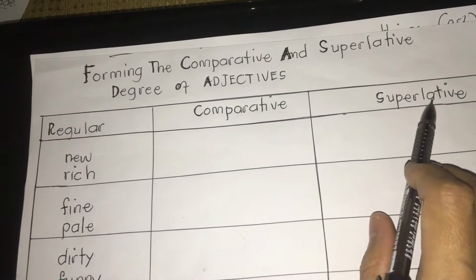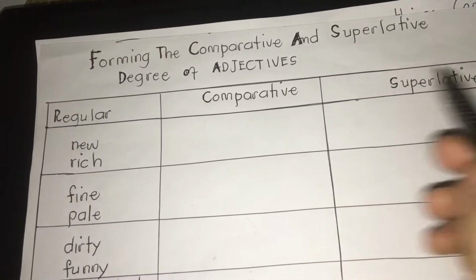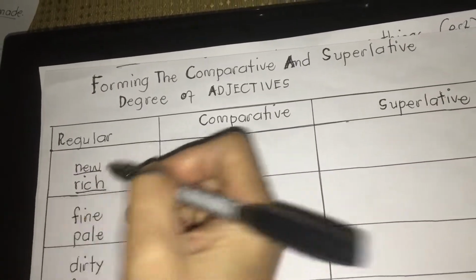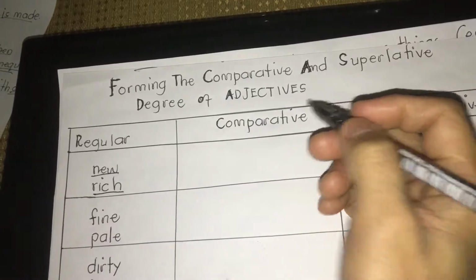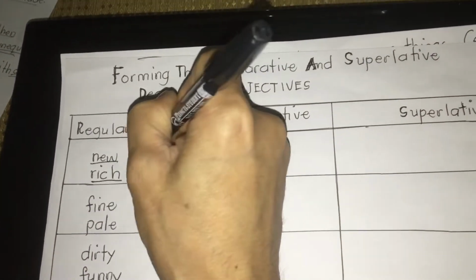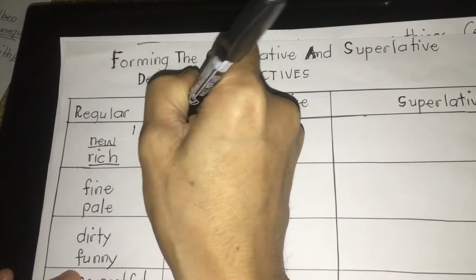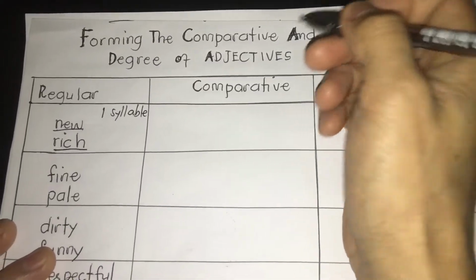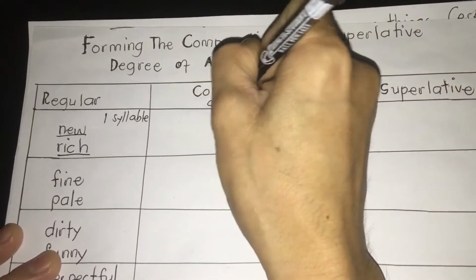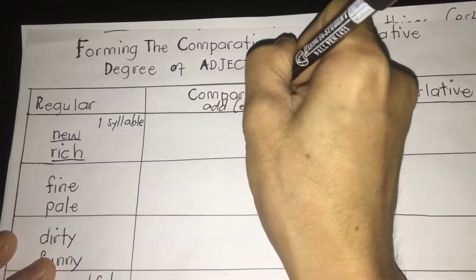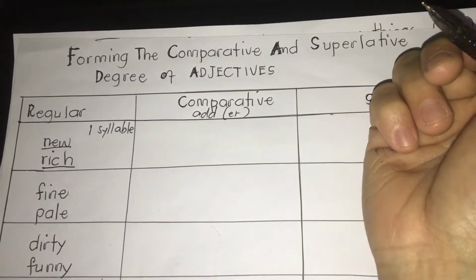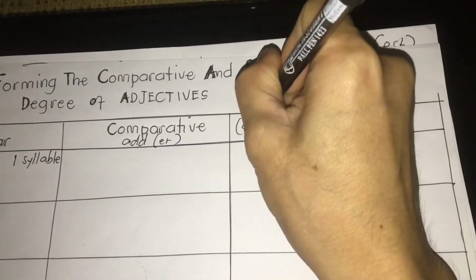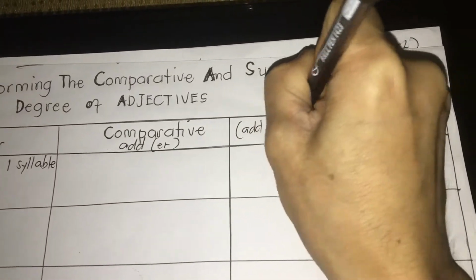Regular positive adjectives like new and rich are one syllable only. In comparative, we add er. In superlative, we add est.